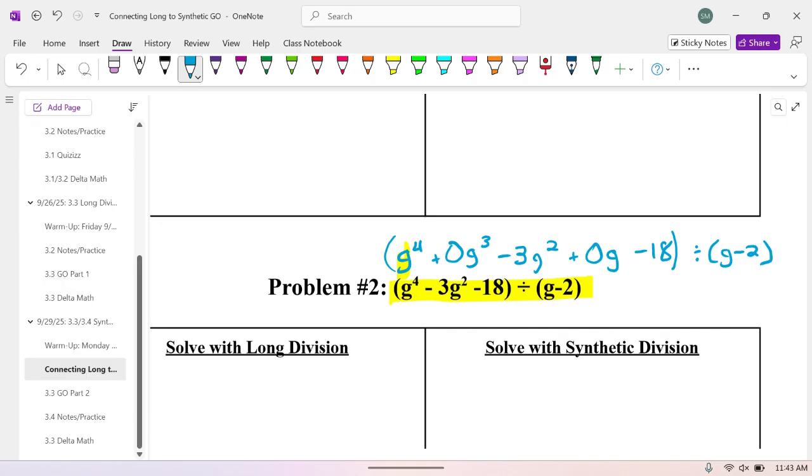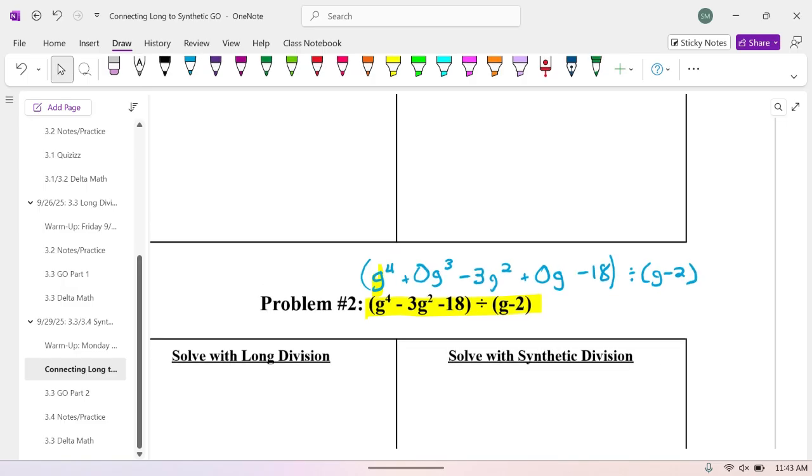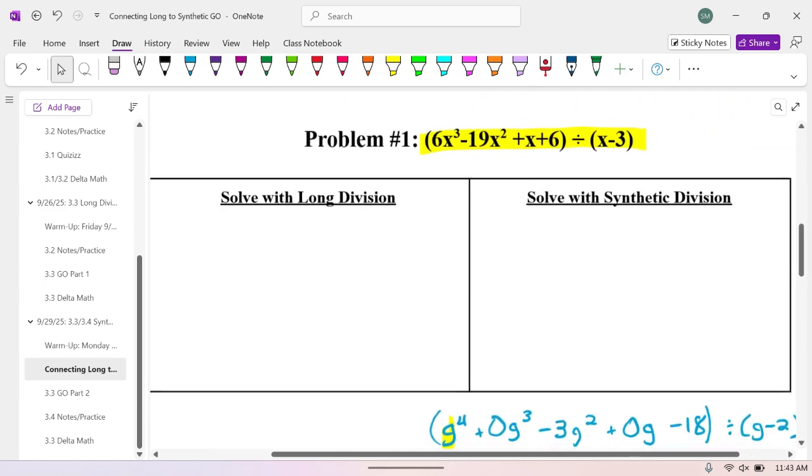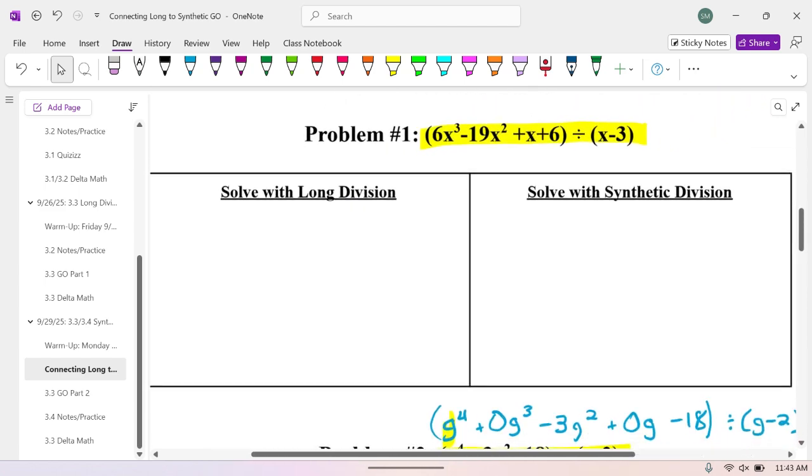So I'm going to give you guys about 5 or so minutes to try the first one. All right? So in the left column, I want you to solve the first one. And I will be calling on people to walk me through it, so everyone needs to try it. I'll give you about 2 or so minutes of just trying it on your own.